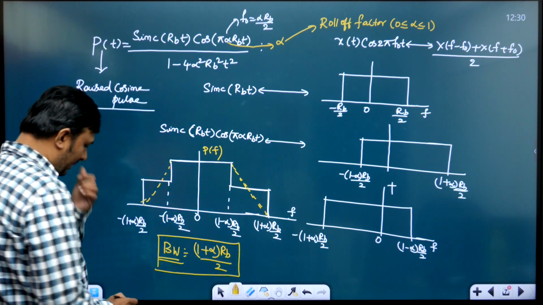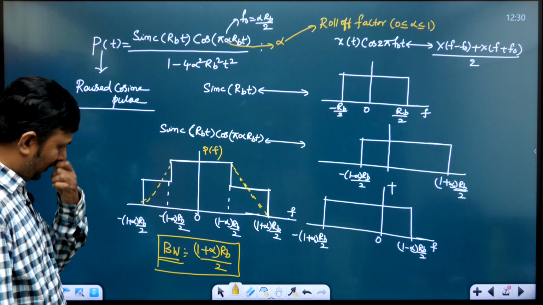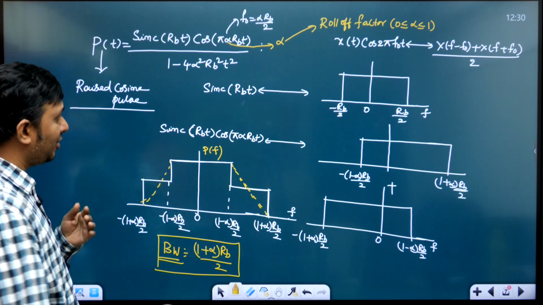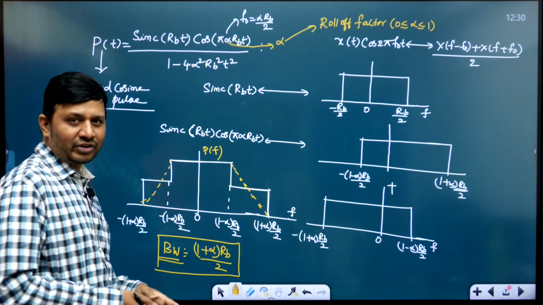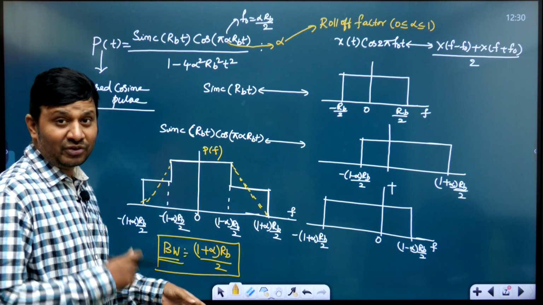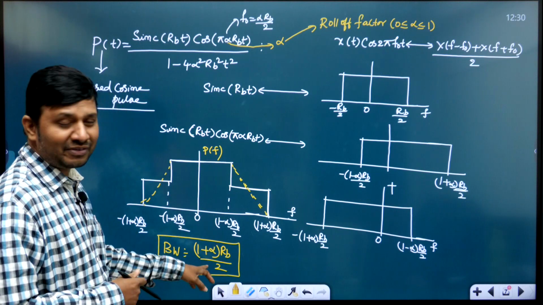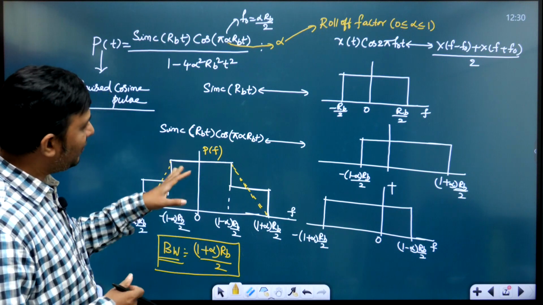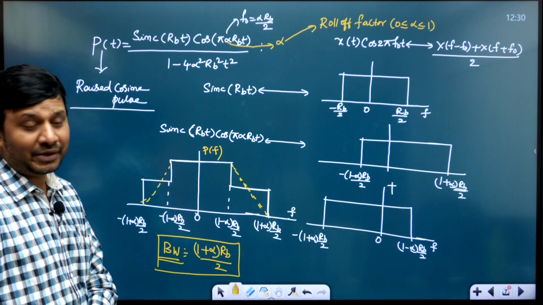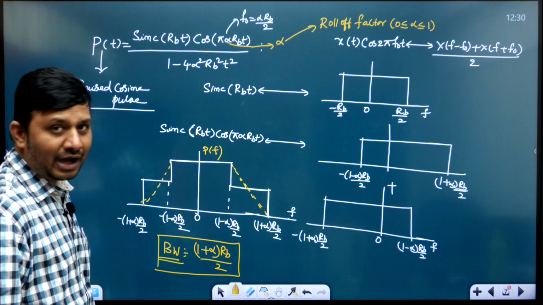Whenever we have intersymbol interference, we will use a raised cosine pulse, and if a raised cosine pulse is used, the bandwidth is RB by 2 into 1 plus alpha. In this way, this expression came.